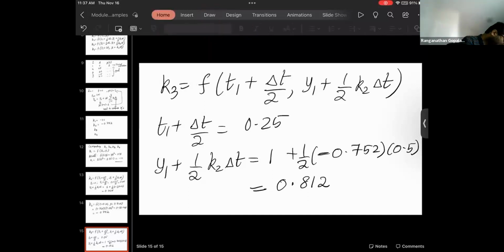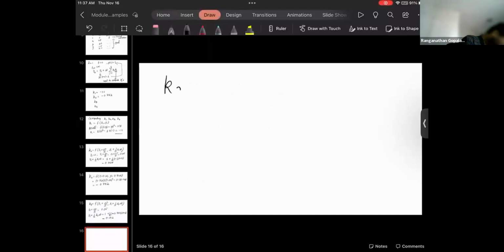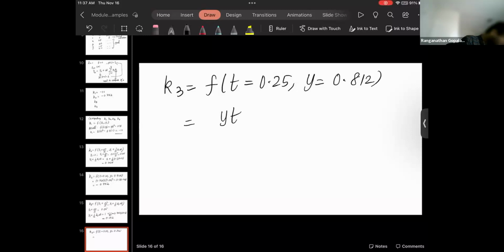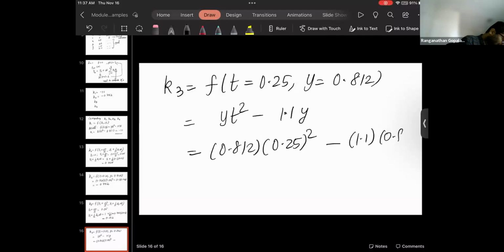So now if you go on to actually computing K3, which is the function evaluated at t equals 0.25 and y equals 0.812, what's the function? The function, recall, is y t squared minus 1.1 times y, that is 0.812 multiplied by 0.25 squared minus 1.1 times 0.812.